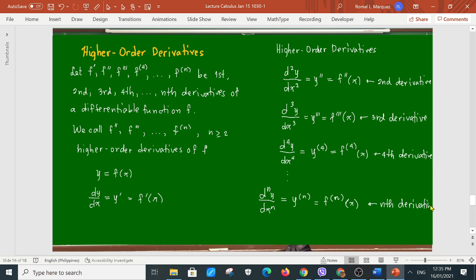Nth derivative of what? Of y or of f of x. And with respect to what? To x. Okay?